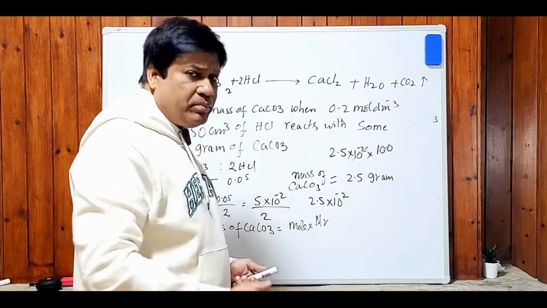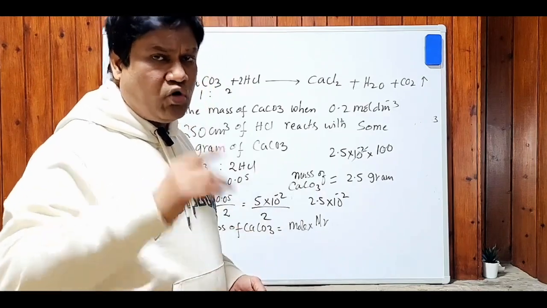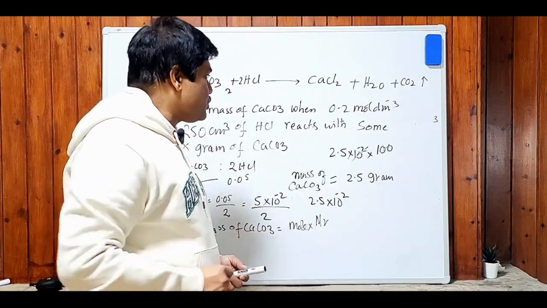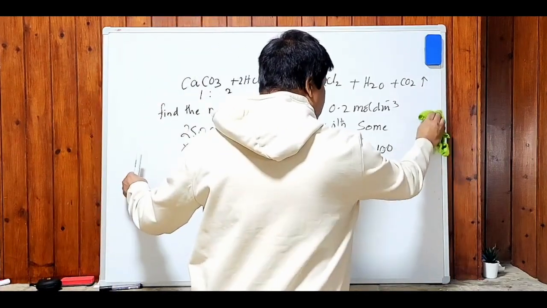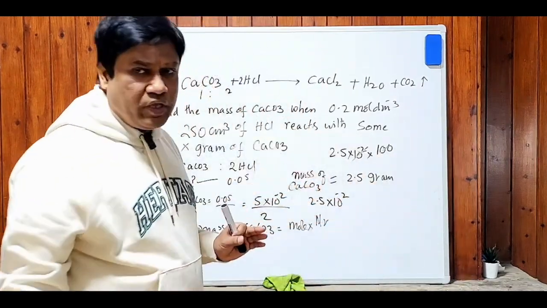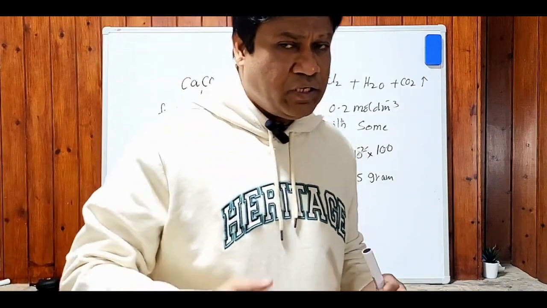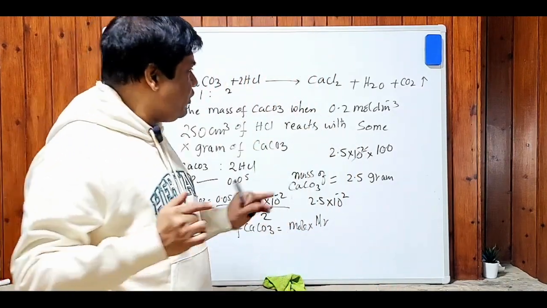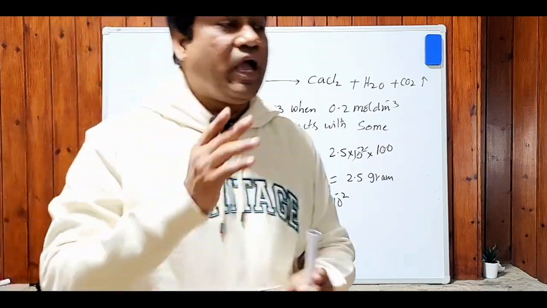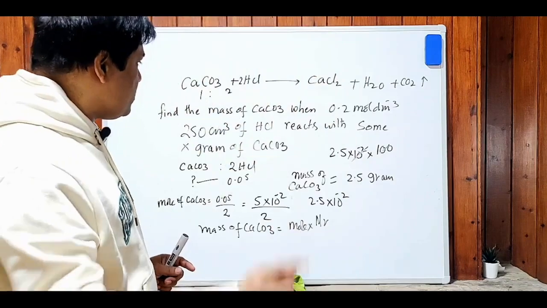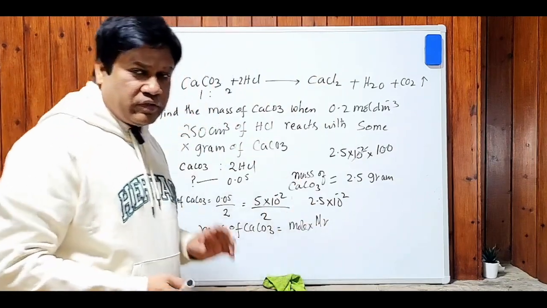Then, if time permits, I want to teach you back titration. Back titration is a very important titration. I've seen in many past papers, whether it's AQA, OCR, or Edexcel, we will definitely get one back titration question. What's the purpose of back titration and how can we solve questions based on back titration?